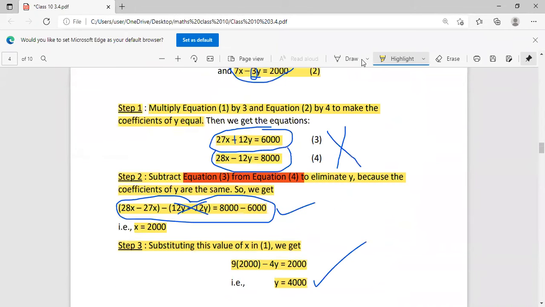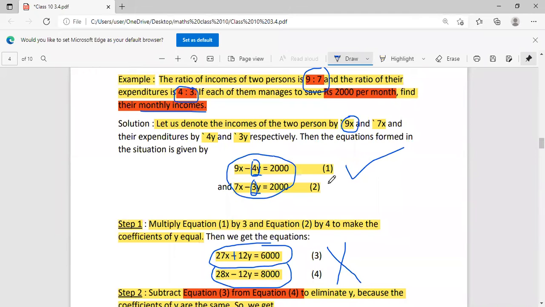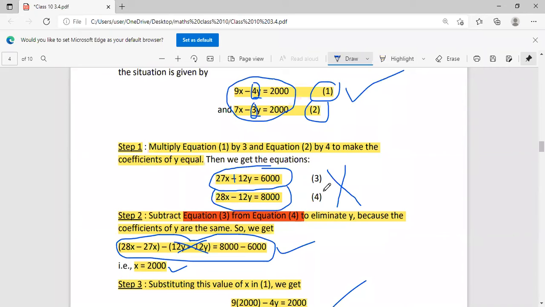You can substitute the value in our original equation, that is either equation 1 or equation 2. Don't go for equations 3 and 4. Okay, it will be harder for you.